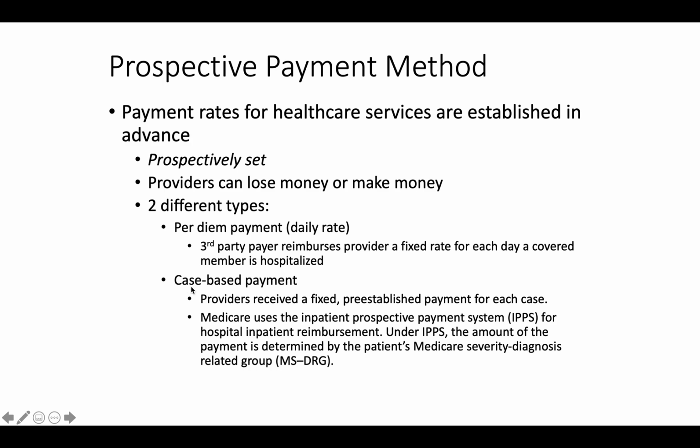The other type is case-based payment. Provider receives a fixed pre-established payment. How is this fixed payment calculated? For example, Medicare uses the inpatient prospective payment system for hospital inpatient reimbursement. The amount of payment is determined by the inpatient Medicare service diagnosis related group. You might have come across this term before, diagnosis related group.